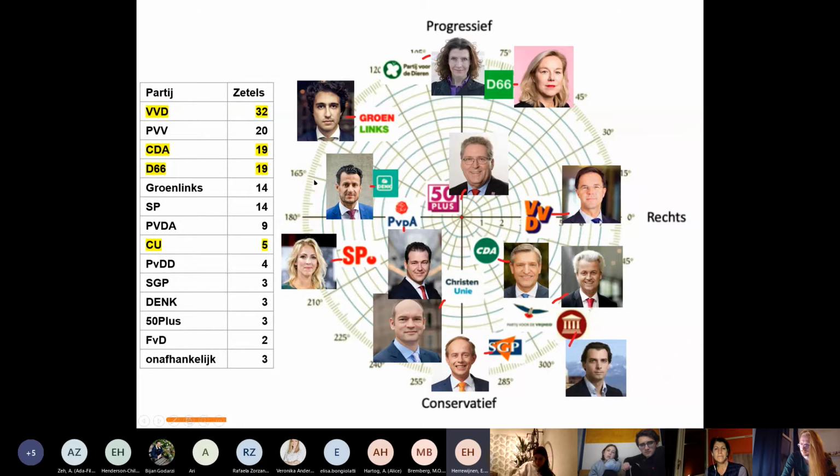Then you have D66. Oh yeah, that's actually one of the more progressive parties that we have. Also a bit to the right. And we have ChristenUnie, which is a Christian-based or valued party. And they are a bit more conservative. And those 4, they make up the cabinet.